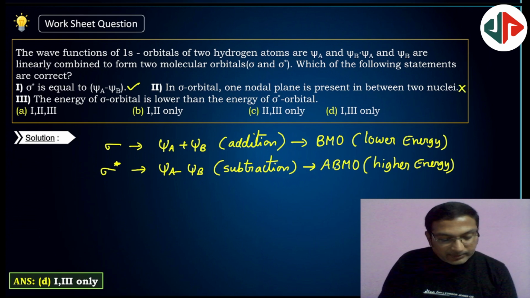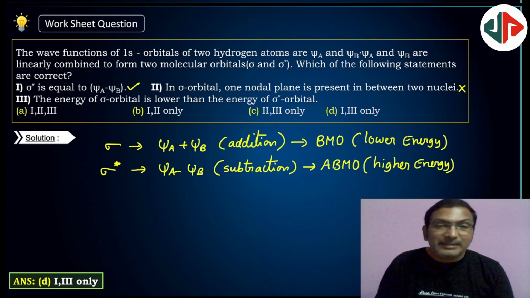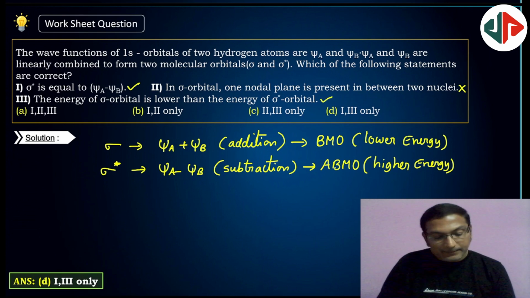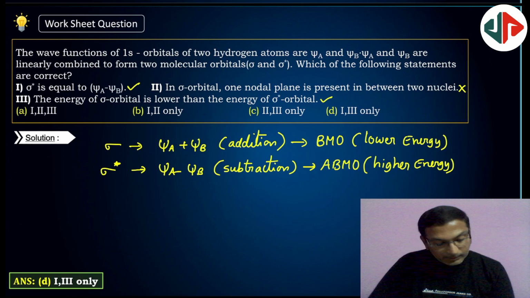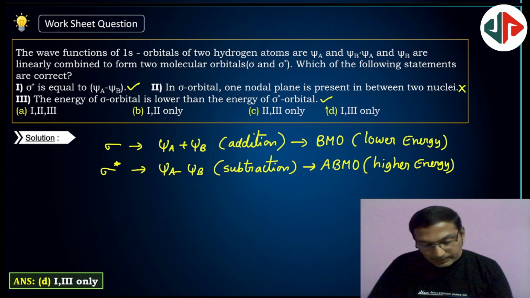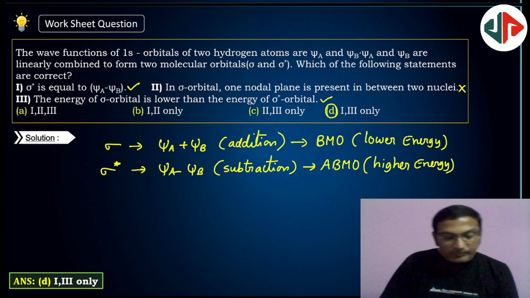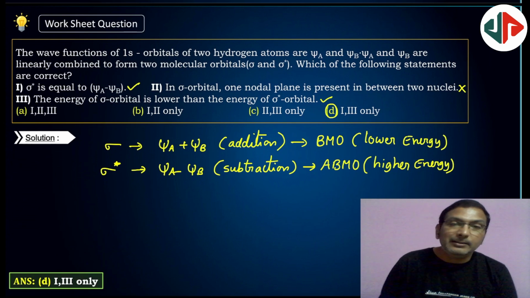Third, energy of sigma orbital lower than that of sigma star. Sigma orbital means bonding, sigma star anti-bonding. Therefore, this one also correct. Therefore, options 1 and 3. There will be no nodal plane for sigma orbital.